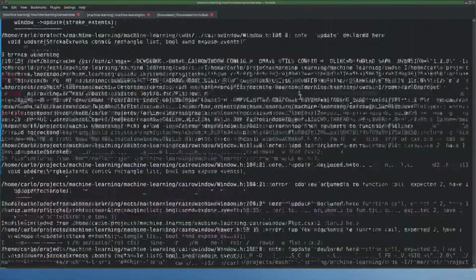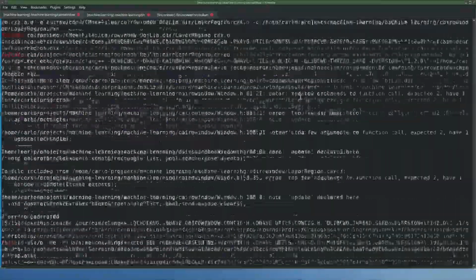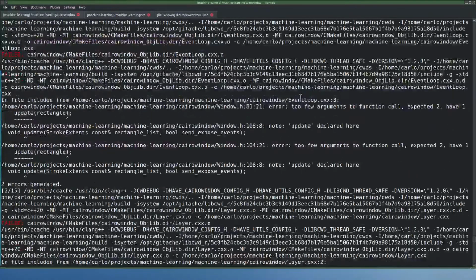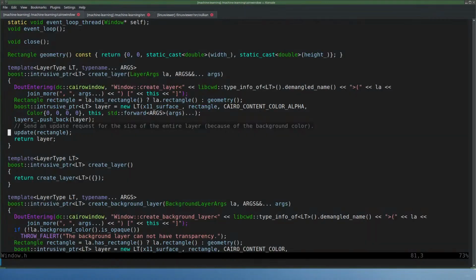A lot of places. So after creating a rectangle, you don't know if another rectangle is going to be created.